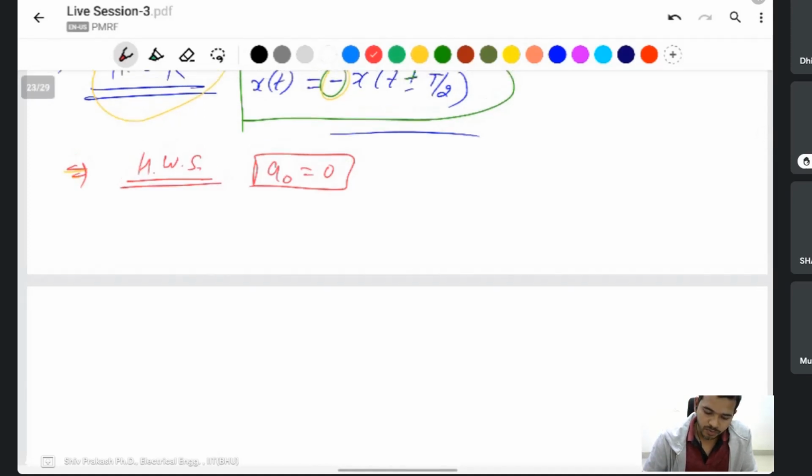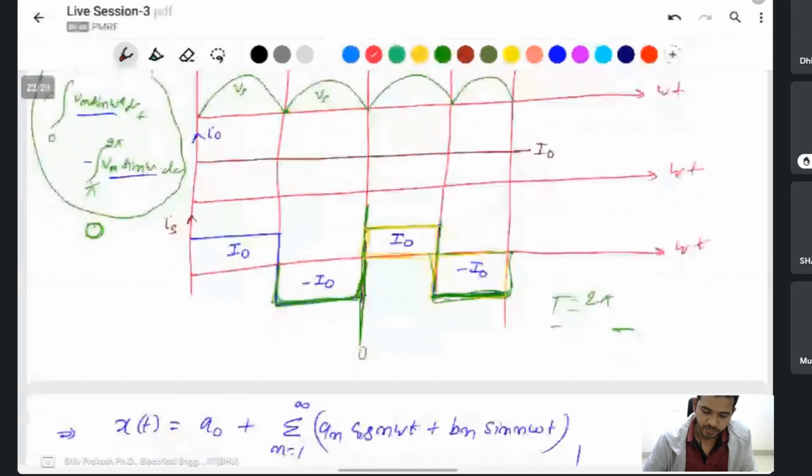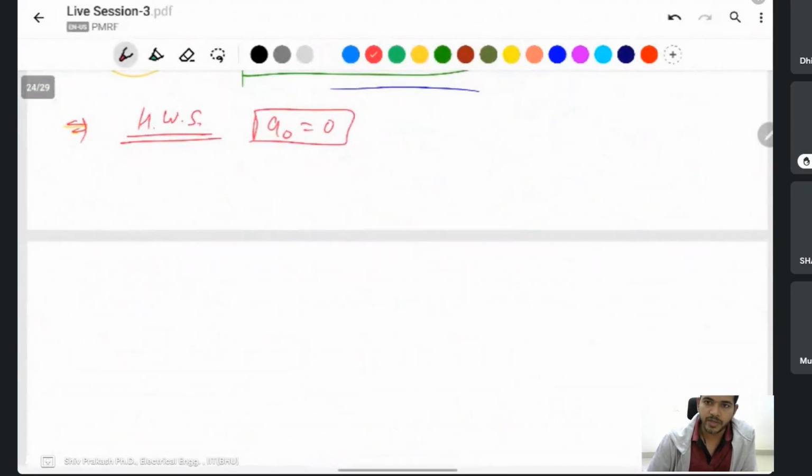You can also observe from the waveform that if the positive and negative parts are the same, then adding them over one cycle gives a DC component of 0. You can say this directly for some signals, but for other types of signal you can't say it directly. That's why half wave symmetry is used.